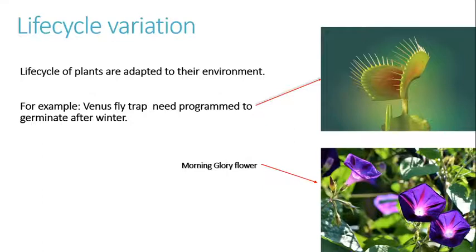So the variations of these species of plants in the particular ecosystem take millions of years. They adapted to their environment to survive these temperatures, this humidity, and this habitat in general.